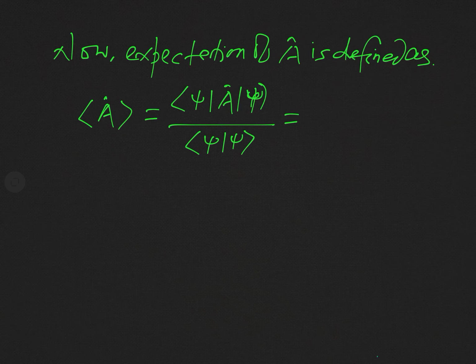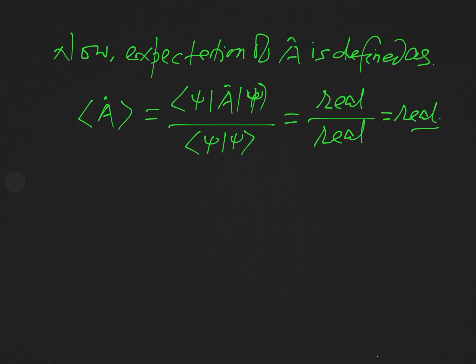As I have seen above, the numerator of this quantity is real and the scalar product of an eigenvector with itself is always real, and so this will be real. So we can see that the expectation value of a Hermitian operator is real.